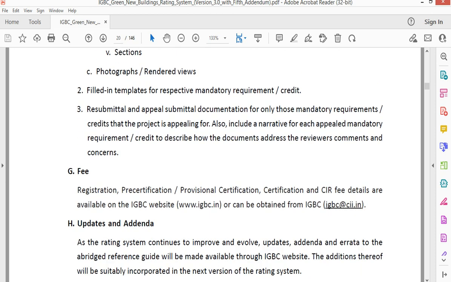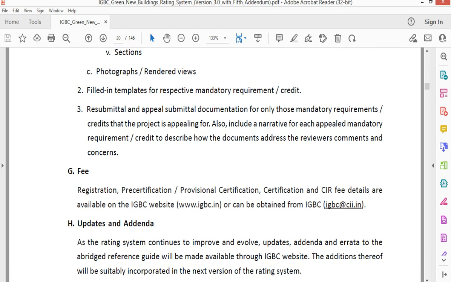Then the resubmittal and the appeal submittal documentation for only those mandatory requirements or the credits that the project is appealing for should also include a narrative for each appealed mandatory requirement or the credit, to describe how the documents address the reviewers' comments and the concerns.